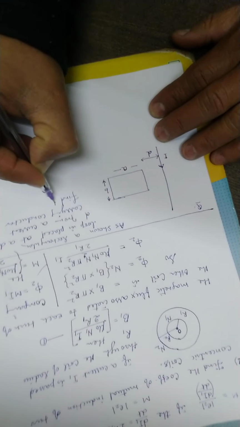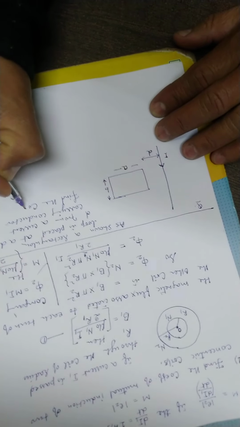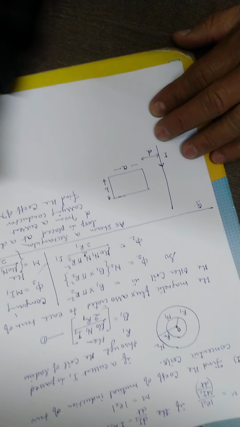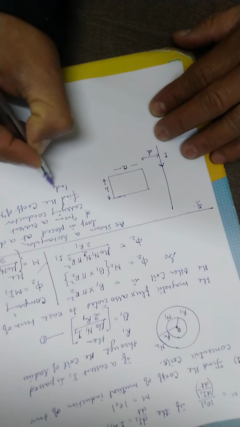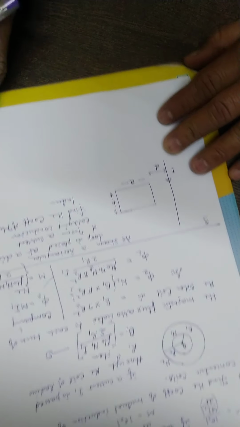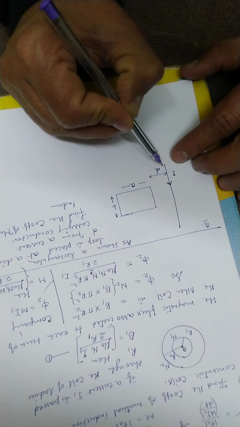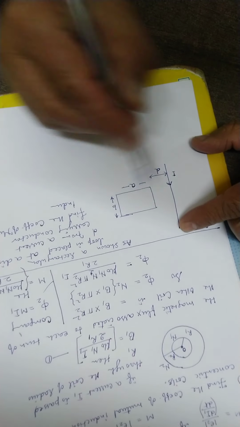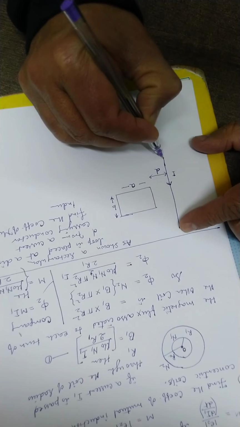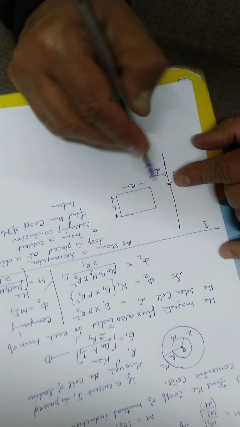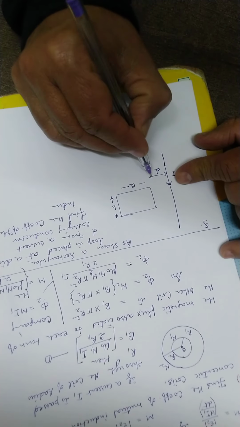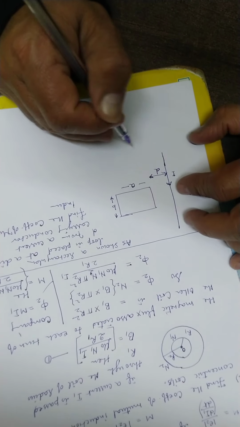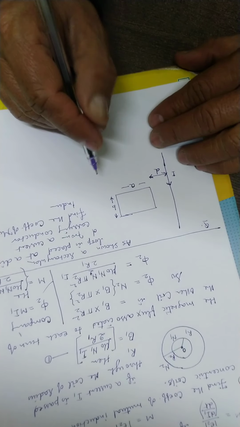Find the coefficient of mutual induction. Now, dear students, you can frame a concept that this infinitely long current carrying conductor carrying current I is located at a separation D from the loop.